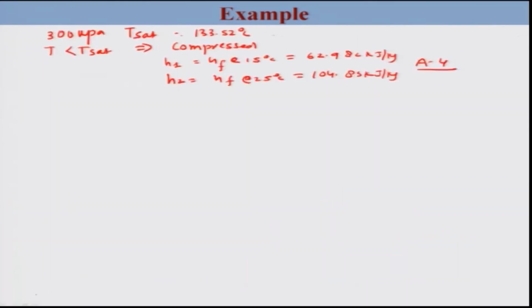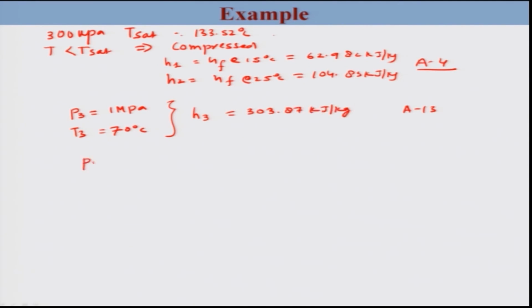Now what about your refrigerant? For that you have to look at tables like A13 and A11. If you look at the conditions of the refrigerant, P3 is at 1 megapascal and T3 is 70 degrees Celsius. Based on these conditions, table A13 will tell you that this is a superheated vapor condition, and hence you can take the value of H3 from table A13, which comes out to be 303.87.